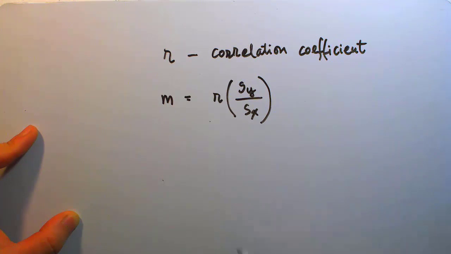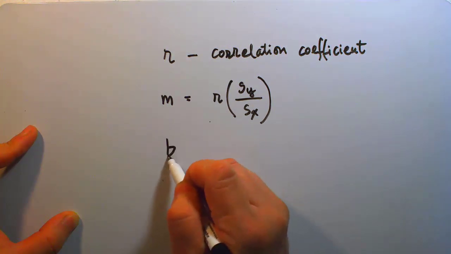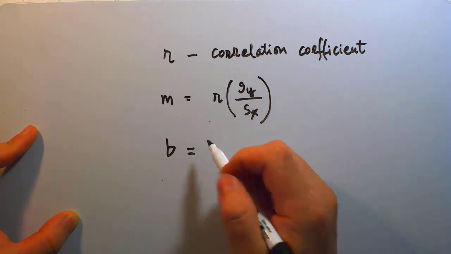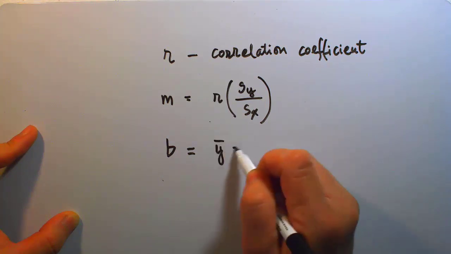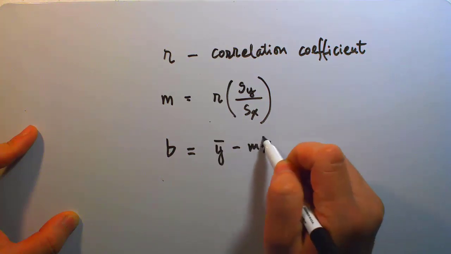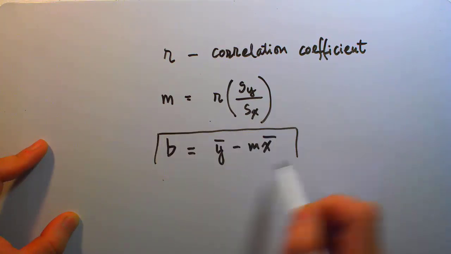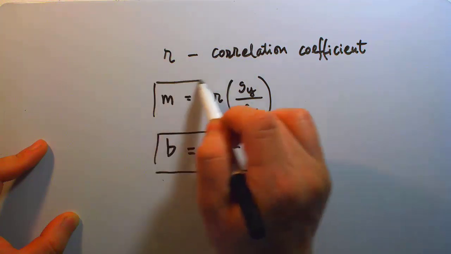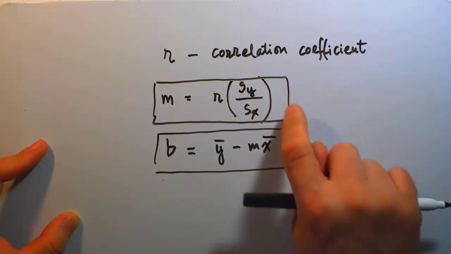And then once we've had the slope right here, the y-intercept of your best fit line is now actually going to be y bar minus m x bar. And so we've made these two formulas. Like I said again, for a student in my actual class, I do expect them to be able to use the formula for the calculation of these values.